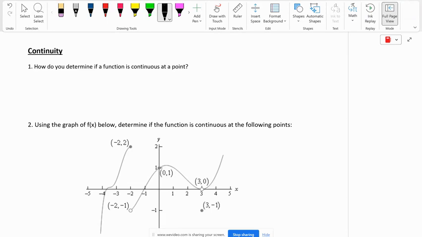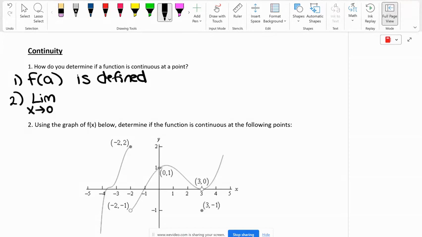So, how do we formally define if a function is continuous or not? First one, the function f of a is defined. So, all points are defined, no open circles. Okay. The limit as x approaches a of f of x exists.